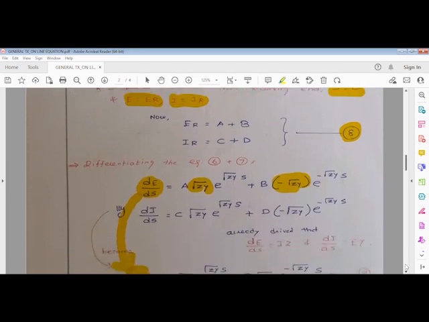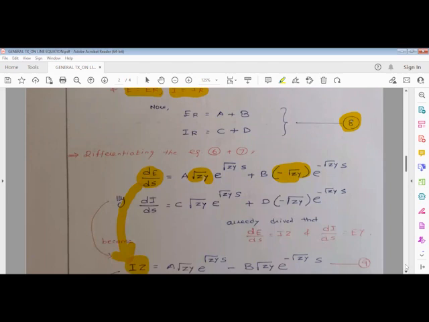Again, differentiating equations 6 and 7: equation 6 is A into e power root zy s. Differentiating with respect to s, the answer is A into root of zy into e power root of zy s. Likewise this term is multiplied here, and it is considered similarly for the current.